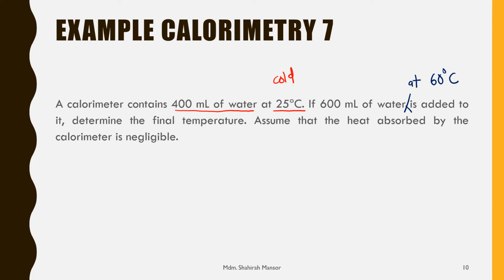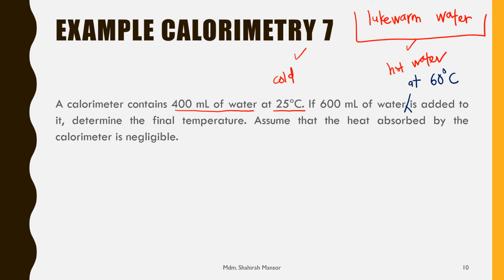Okay, so if 600 ml of water at 60 degrees Celsius is added to the previous water, bermaksud ini adalah hot water. Okay, so bila kita ada hot water dicampurkan dengan cold water, bermaksud ini adalah konsep to form or to make lukewarm water.